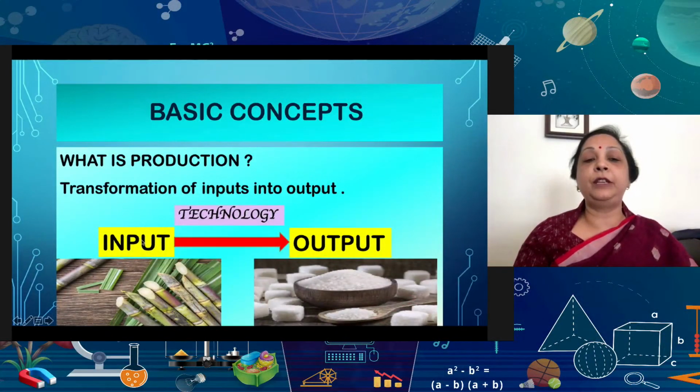So transformation of input into output with the use of technology is production. I've given you a picture here of sugar cane being converted into sugar. With the use of technology, sugar cane is converted into output, which is sugar. So sugar is the output, sugar cane is the input. Sugar cane is not the only input. We'll be using machines, we'll be using labor, so many inputs, but this is just an example.